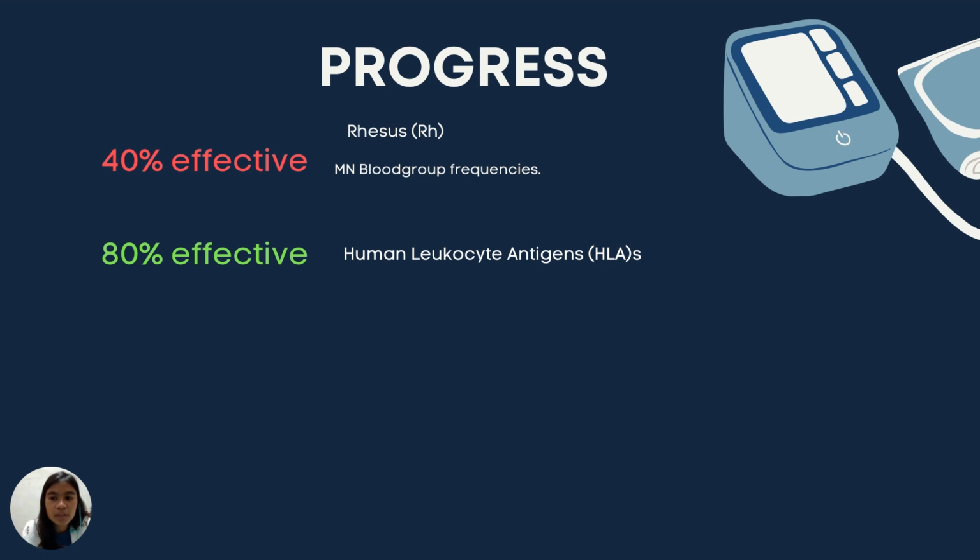The additional antigens were those associated with the MN system, the blood group system under control of an autosomal locus found on chromosome 4, and the RH system, which classifies blood groups according to the presence or absence of the RH antigen, often called the RH factor, on the cell membranes of red blood cells. So these rhesus and MN blood groups refined the use of blood typing for both paternity and forensics. However, such blood groups were only about 40% effective in ruling out a man as a child's father.